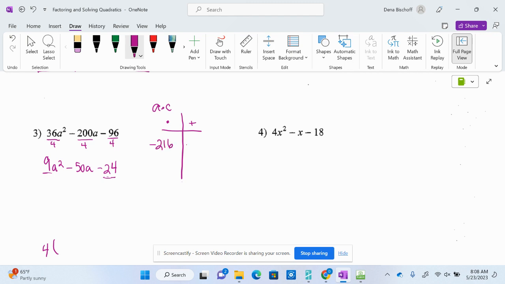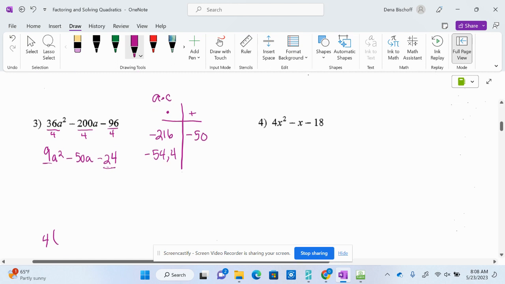And it adds to negative 50. And I'm just going to tell you what those numbers are. They are negative 54 and positive 4. Those are my two numbers. Negative 54 times 4 is negative 216. Negative 54 plus 4 is negative 50.